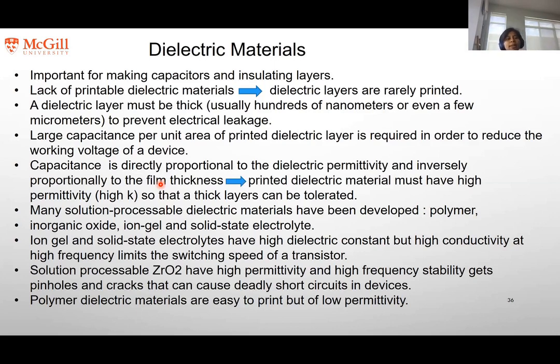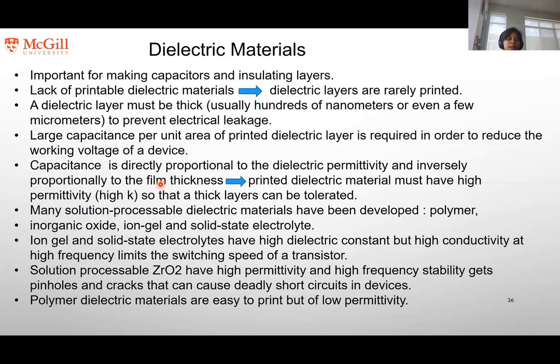So one thing is a dielectric layer. We want them to be thick so that we don't have leakage current. But at the same time, if we want a large capacitance, and that's what we want in printed dielectric layer, we need it to be thin. So for leakage current, we want it to be thick, but for higher capacitance, we want it to be thin.